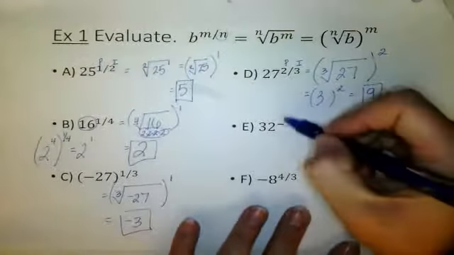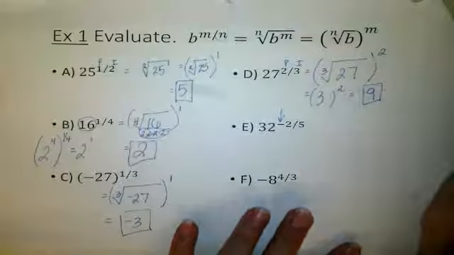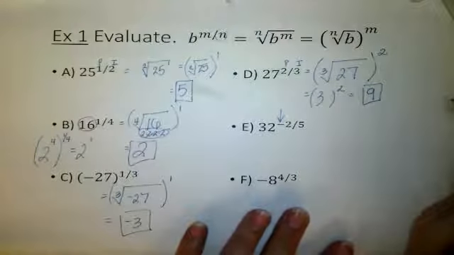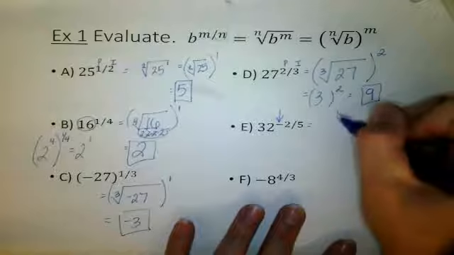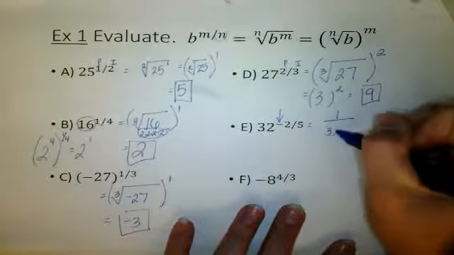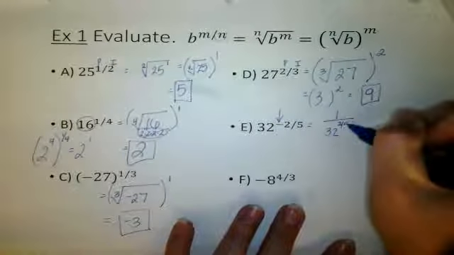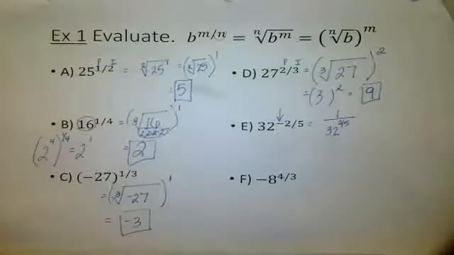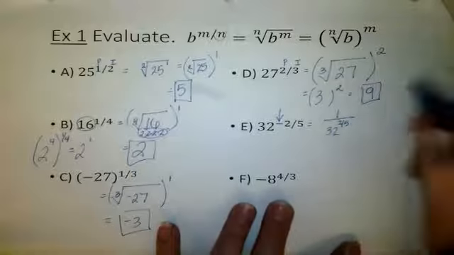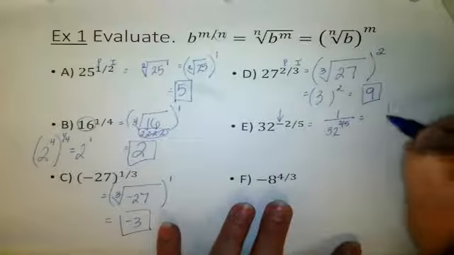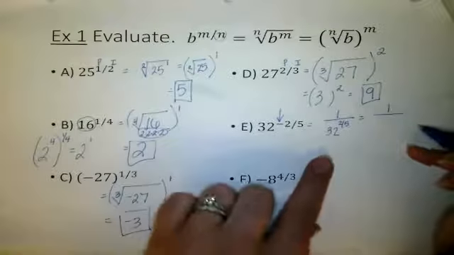All right. Ooh, negative exponent. What does a negative exponent do? Yeah, it creates a fraction. So I'm going to start by rewriting this as 1 over 32 to the 2/5 power. Negative exponents create fractions. All right, now let's rewrite our rational exponent here. What's the index? 5.